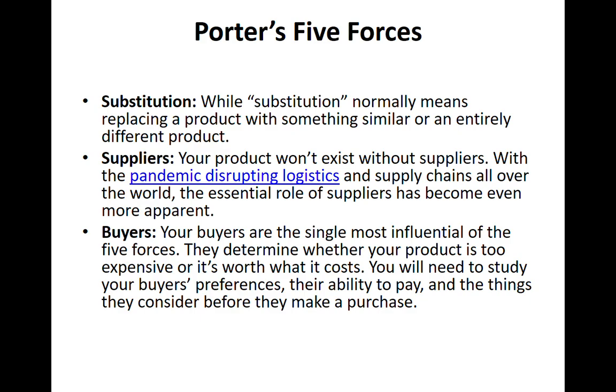So suppliers have to be looked at, their preferences, and also changes in the community environment that can affect supplier prices, and also can affect the rates or quantities of supplies to your company. So here we see that you need to streamline the supply chain.